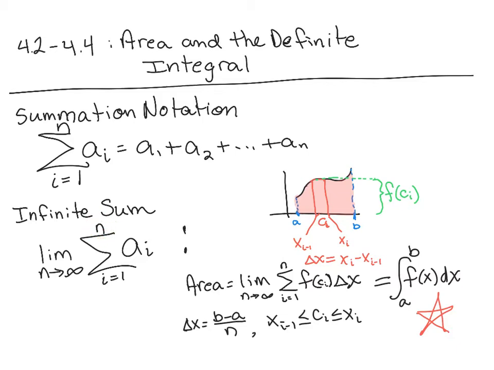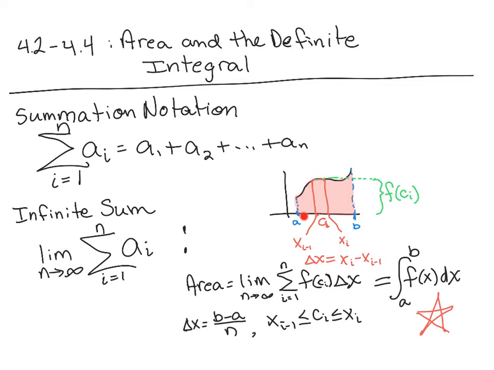Later on in calculus 2 and in differential equations, you'll put the infinity up there. But for now in this book, we take the summation notation and we take the limit as that top value goes infinitely large.